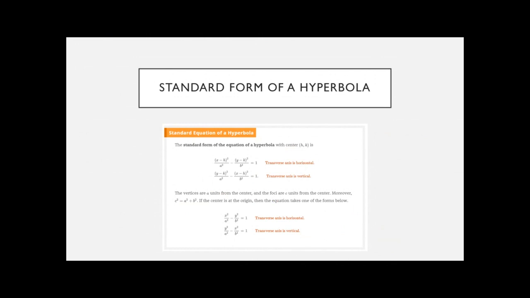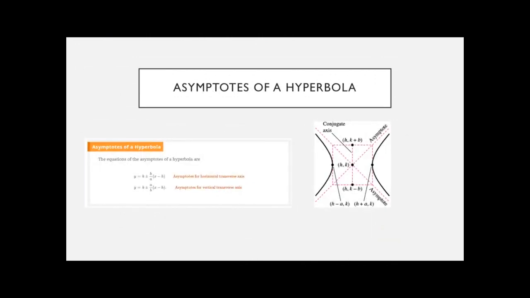What's different about a hyperbola versus a parabola or ellipse is that there are actually asymptotes. If you make a rectangle in between your vertices, then the asymptotes are the lines going through those corners.